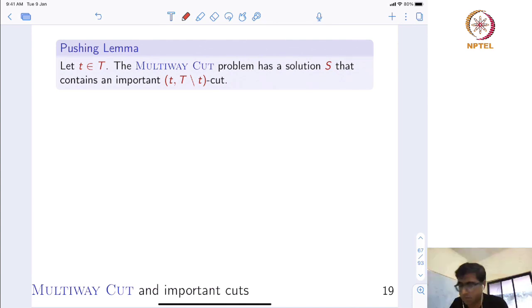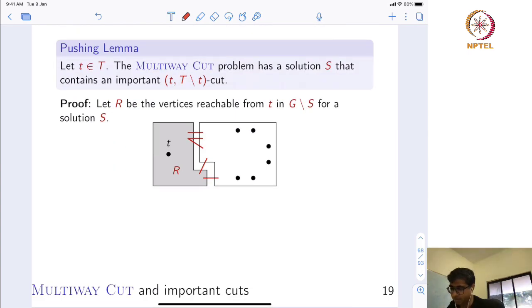The proof is very simple. You fix any S, okay, and let R be the set of vertices reachable from T in G minus S for a solution S. What is R? R is a set of vertices which is reachable from T, right?